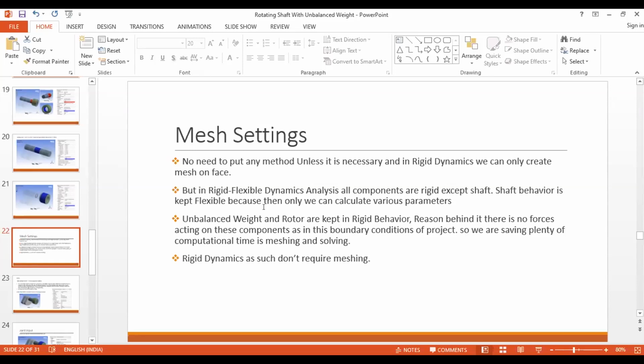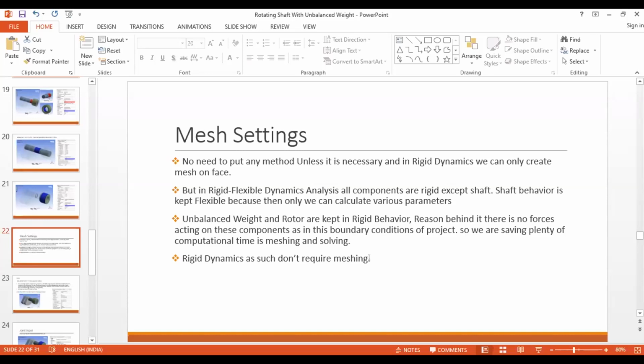This is the reason why we consider the shaft as flexible and all the rest of the components as rigid. If we considered all of these as flexible elements, the meshing time would be more, and hence the computational time for the solver would be larger. The fourth point is important: usually rigid dynamics doesn't require any meshing.